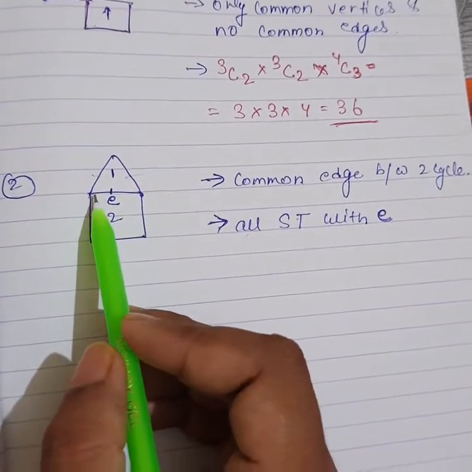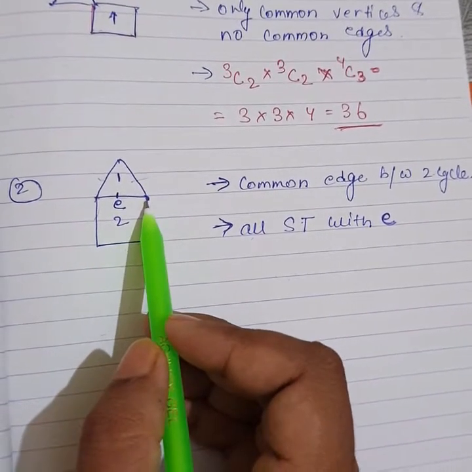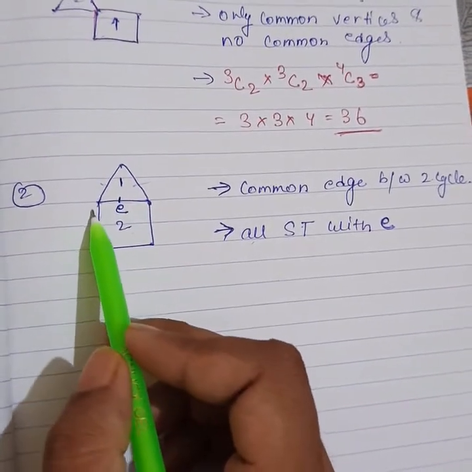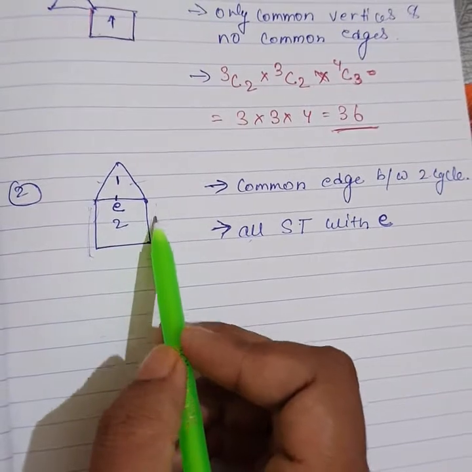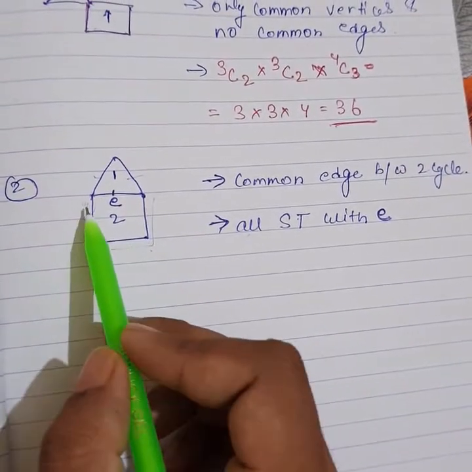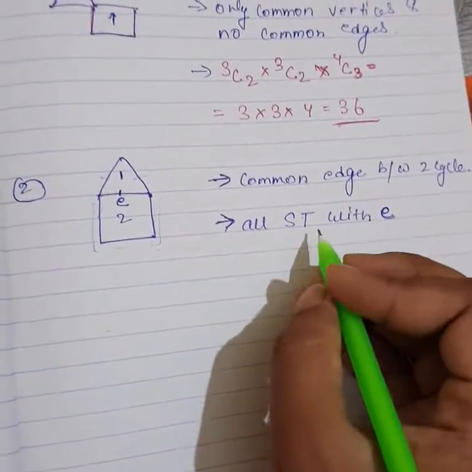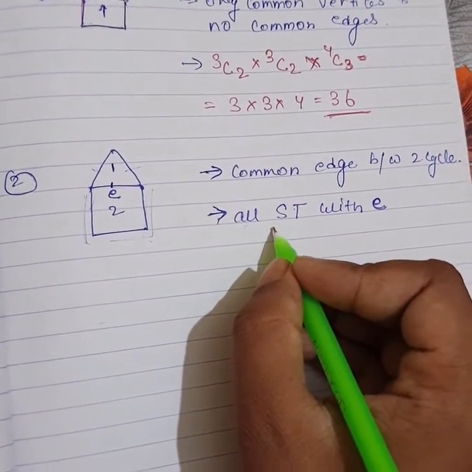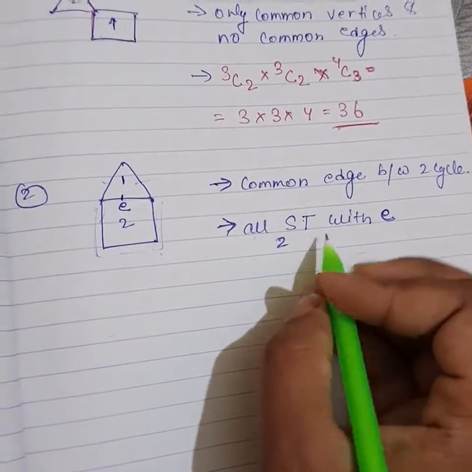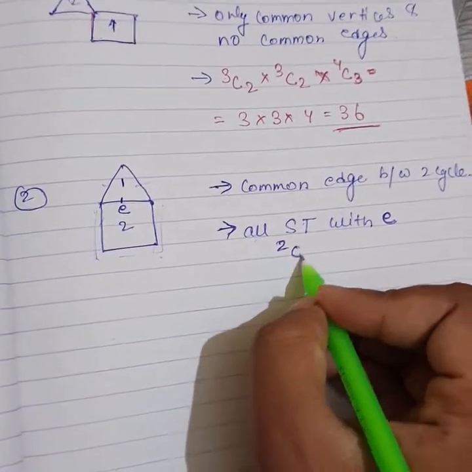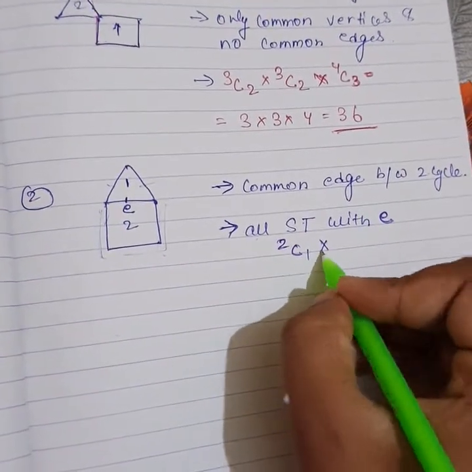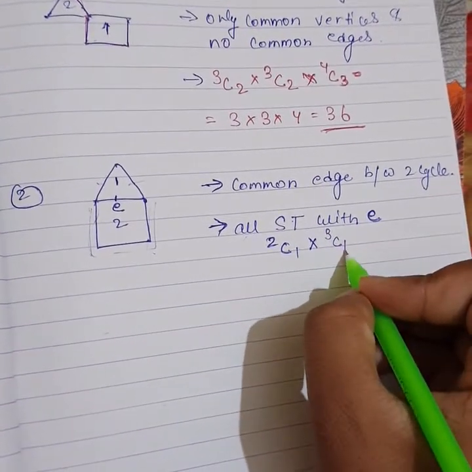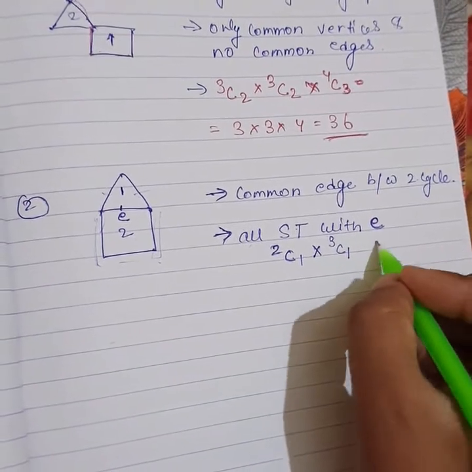And for cycle 2 we have another three options, we can take this one or this one. So we have 2C1 into 3C1 options, which is equal to 6.